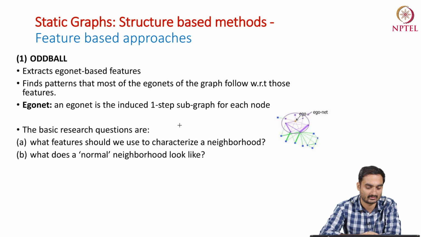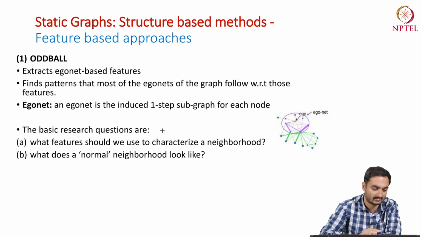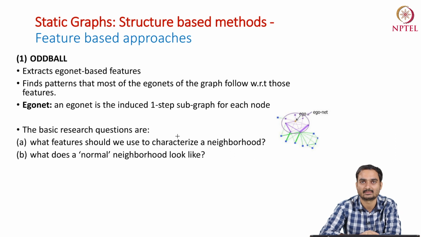This was published in PAKDD, I think way back in 2008, 2009, by Leman Akoglu, Christos Faloutsos and their group. And this is one of the algorithms which detect anomalous entities in an unsupervised manner.